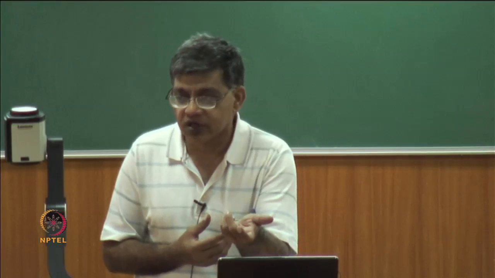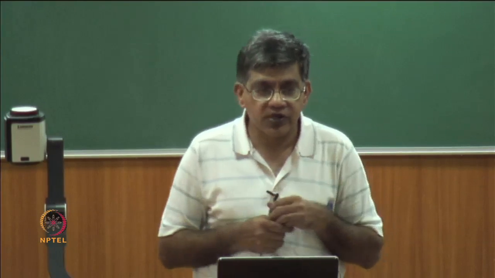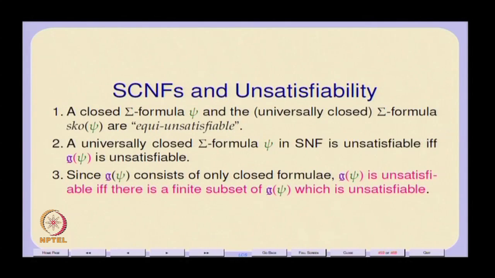If they are not closed formulae, and if you are really looking at theories, and if they are open, then they have to be valid for all those models that you are interested in, which means you can also universally close them. So, they should be true for all ground instances, and essentially we are going to try to prove unsatisfiability. So, our current goal now is to just go into unsatisfiability.